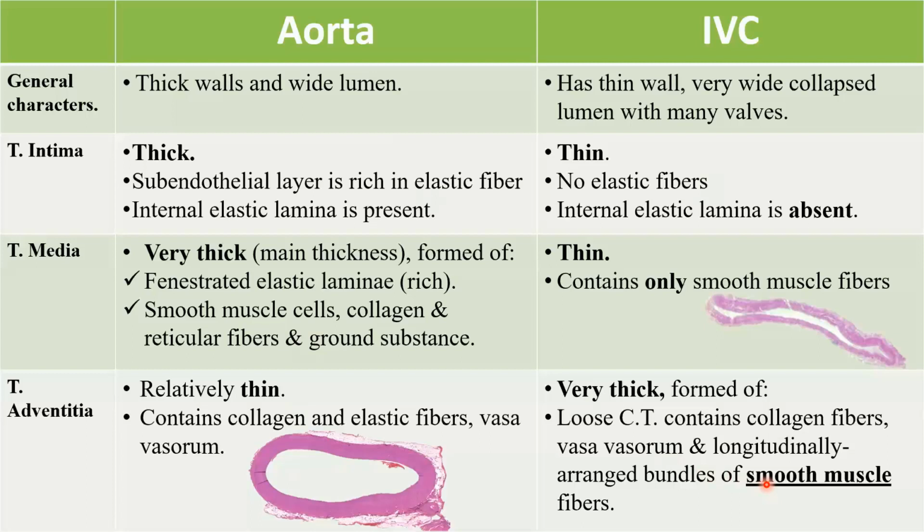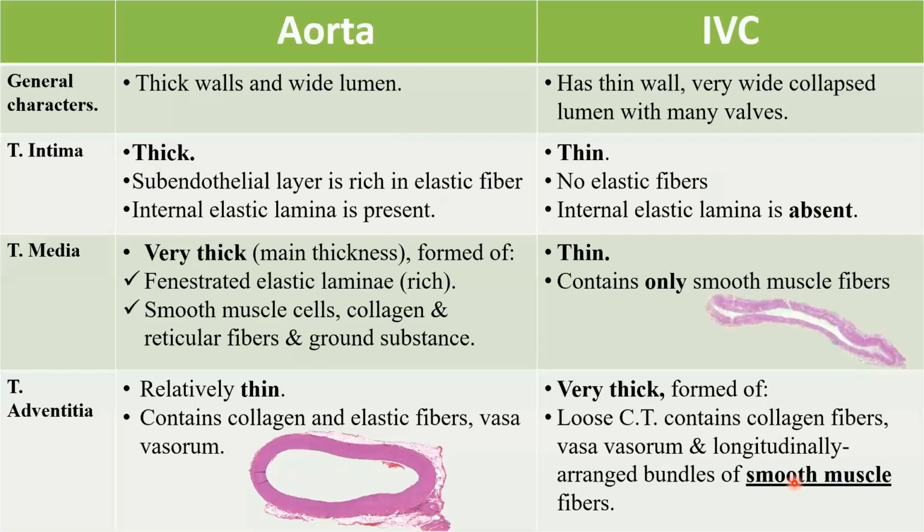This is very characteristic for inferior vena cava. In any other vein other than inferior vena cava, there is no smooth muscle in the adventitia. So this point is very characteristic for inferior vena cava. It contains in its adventitia connective tissue with its components, collagen and reticular fibers, but in addition we have longitudinally oriented bundles of smooth muscle fibers.